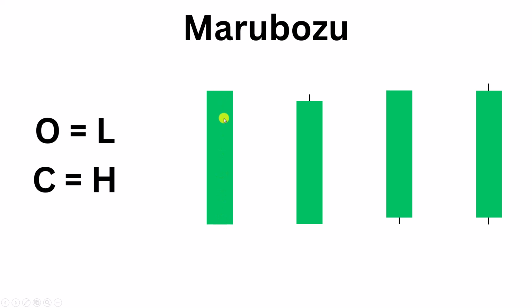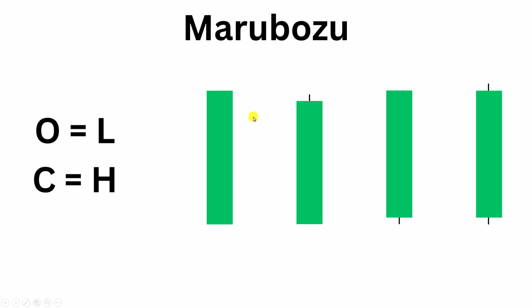If you consider 5 minutes, then at the beginning of the first minute, buyers started here, and by the end of the 5th minute, they closed it here. So this holds good for all the time frames.